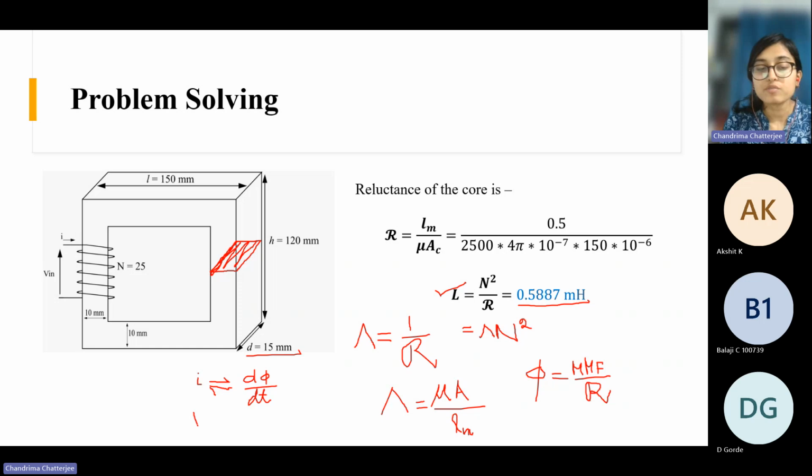And for voltage, the potential, the analogy is with MMF. So EMF and MMF, electromotive force and magnetomotive force, are the analogy. And power in the electrical circuit is V into I, and in the magnetic circuit the power will be MMF into d phi by dt. That is power.